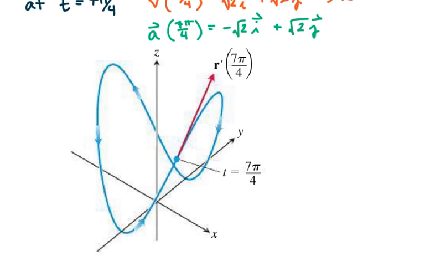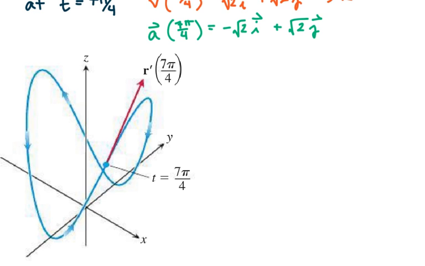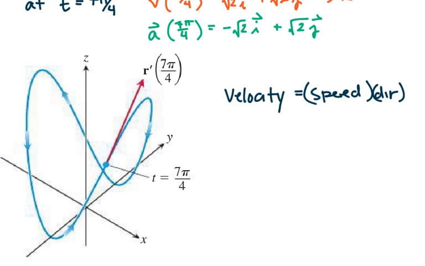And so one other thing just to note, let me move this picture over so I have a little more space. One little note: velocity is more than speed because it is a vector. So it has speed and direction, magnitude and direction.